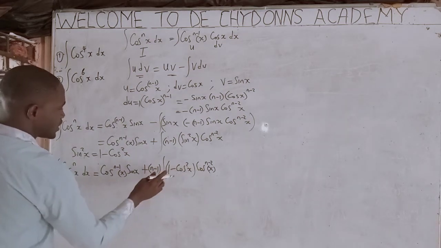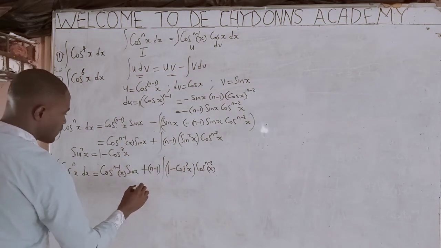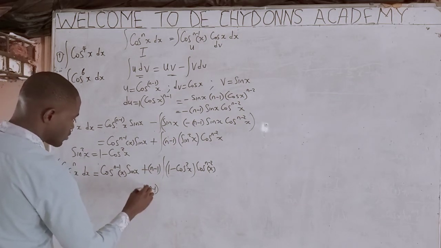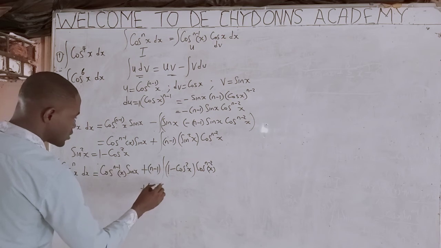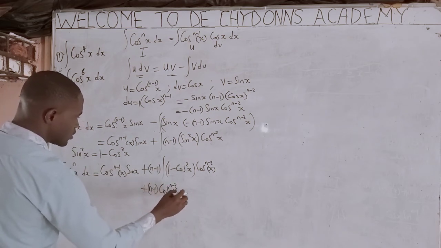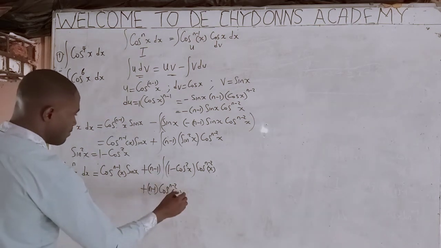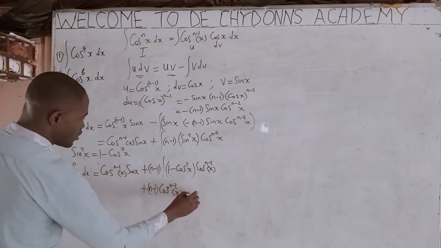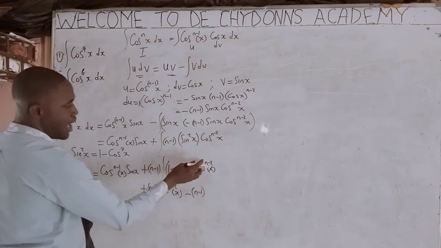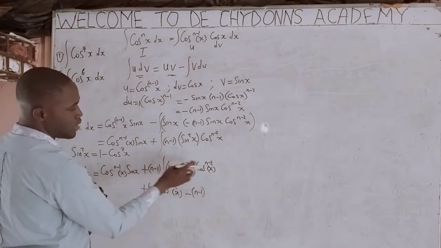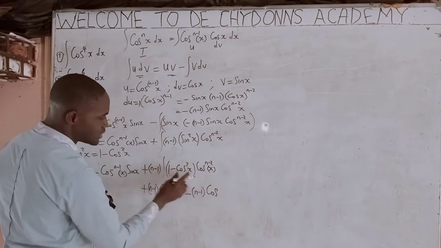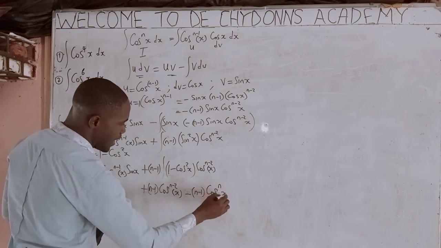Now this times this gives n minus 1 cos n minus 2 x, then minus n minus 1, you write it again. This times this, n minus 2 plus 2 gives you n, so this gives cos n x.